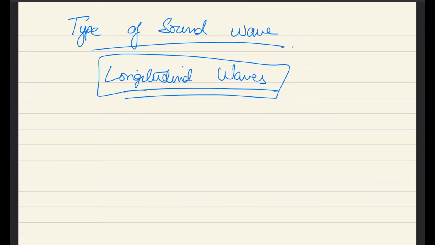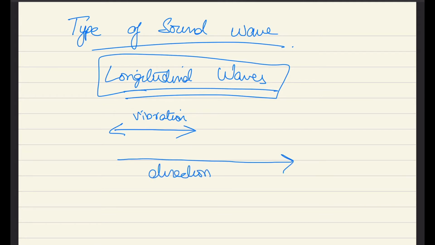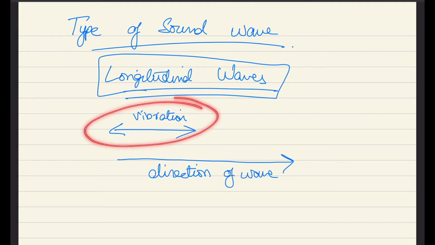So in the longitudinal waves, let's suppose some object is vibrating in the horizontal direction. This is the direction of vibration of the object, and a wave will also be produced in the same direction, parallel to the direction of vibration. So that is the direction of wave, and this is the direction of vibration.